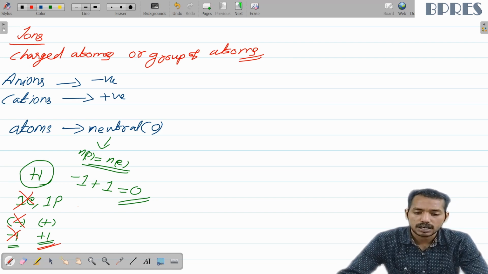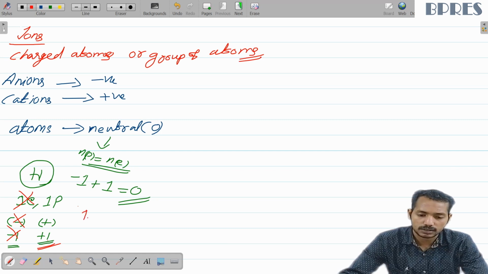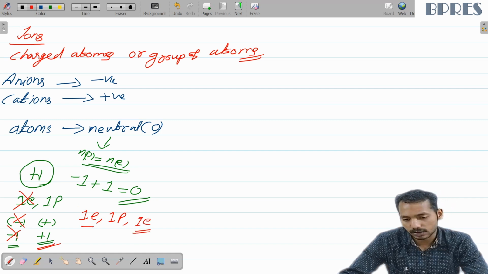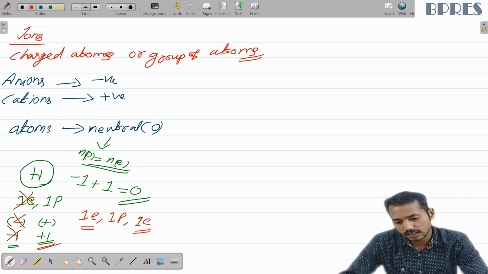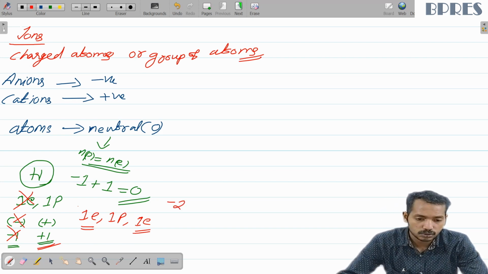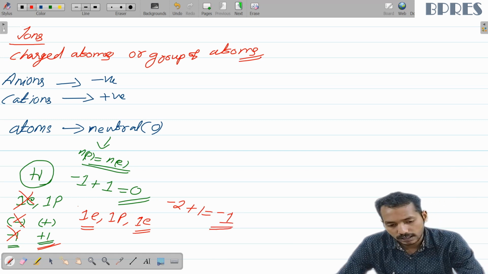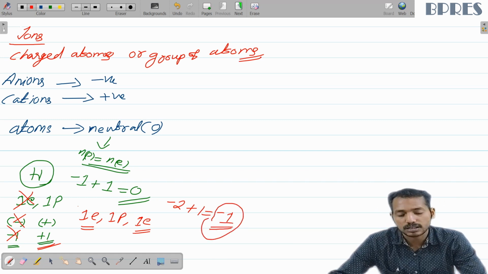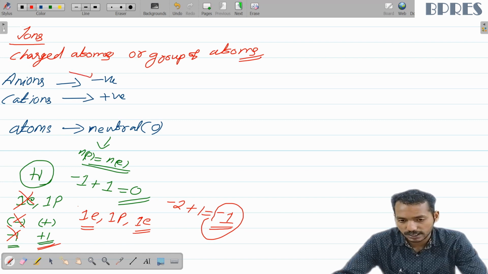Just imagine we add one more electron to the hydrogen atom. If an electron is gained by the hydrogen atom, there are 2 electrons, so the charge due to electrons is -2 plus the charge due to the proton, +1, which is a total charge of -2 plus 1, that is -1. So the net charge will be negative. This is the way atoms or groups of atoms acquire negative charge.